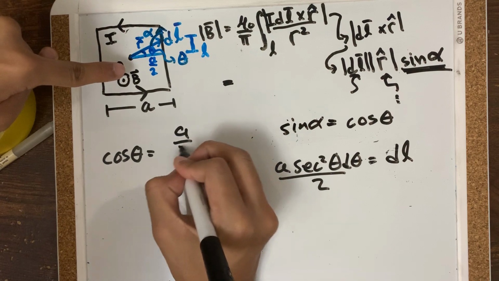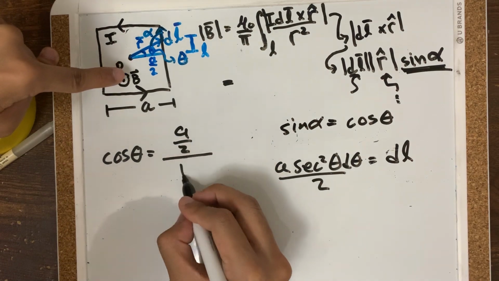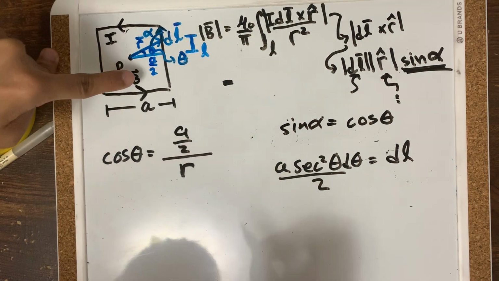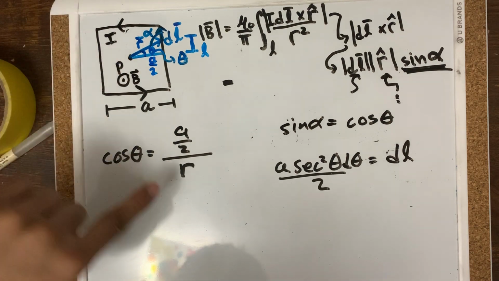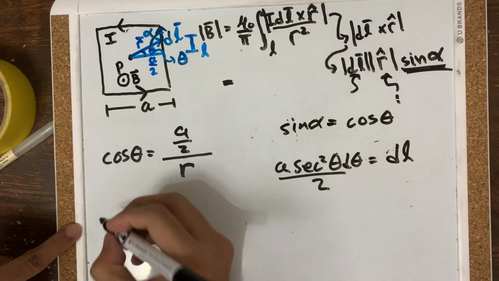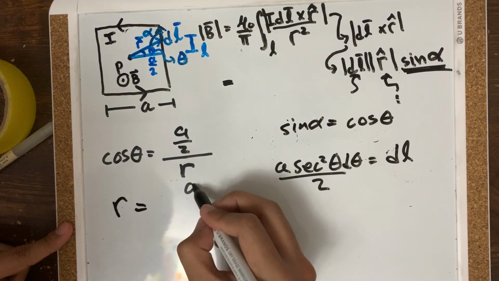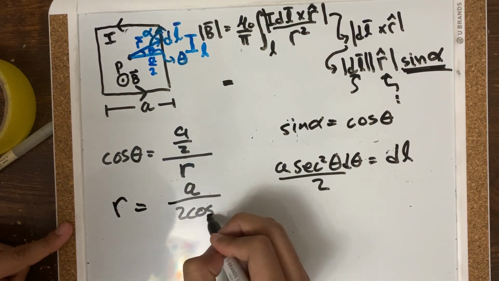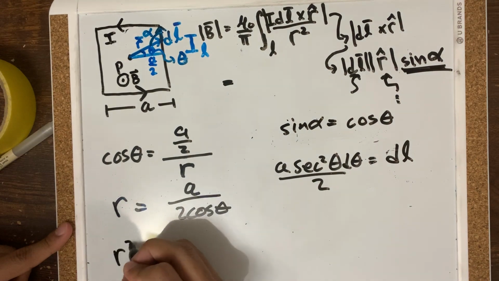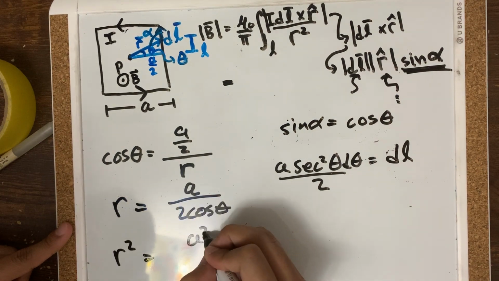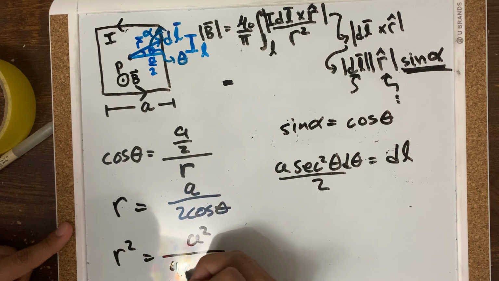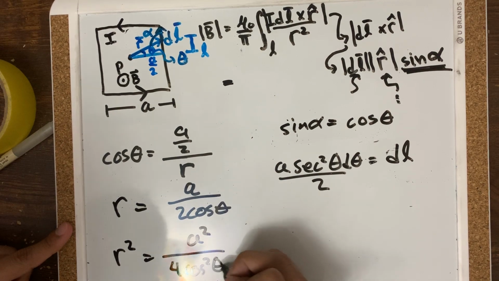This is a over 2 divided by your r, the magnitude of your separation vector. So we can isolate this and actually find the square of r. So just doing quick algebra, a over 2 cosine theta, and then you square both sides, which gives you r squared equals a squared over 4 cosine squared of theta.